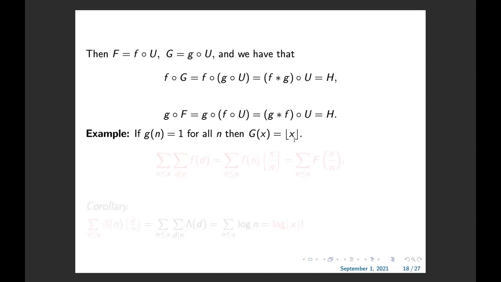That is, if x is 10, then g of 10 would be 10. If x is 10.5, g of x would be 10. So that means this is the greatest integer less than or equal to x. If we use these two functions here, we obtain this identity.